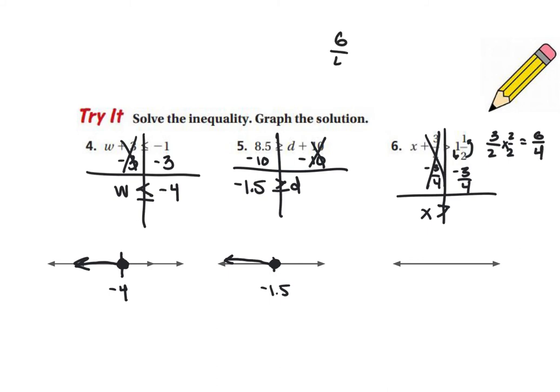So then 6/4 minus 3/4 is 3/4. So x is greater than 3/4. Circle will be open because it's not equal to, it's just greater than, and the arrow points to the right.